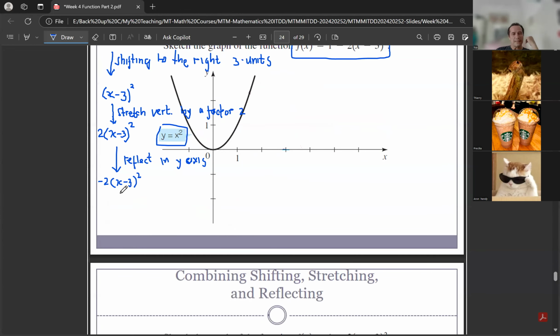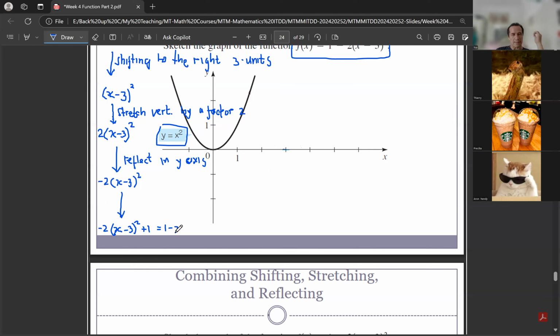So finally, we get the final function we need.